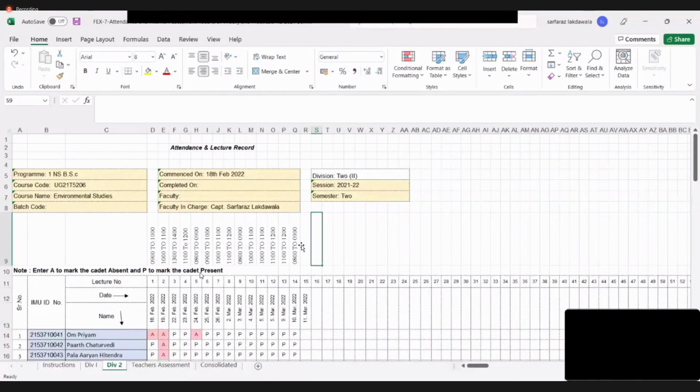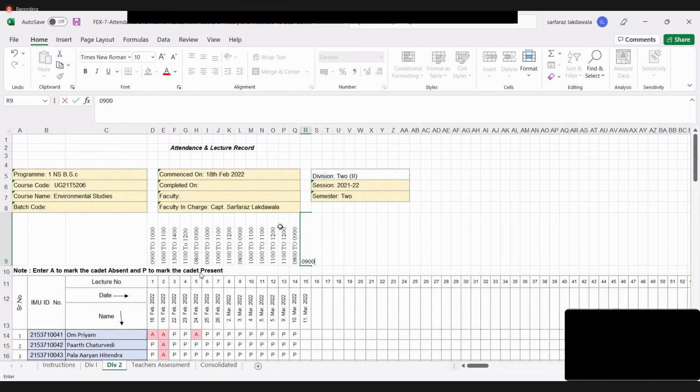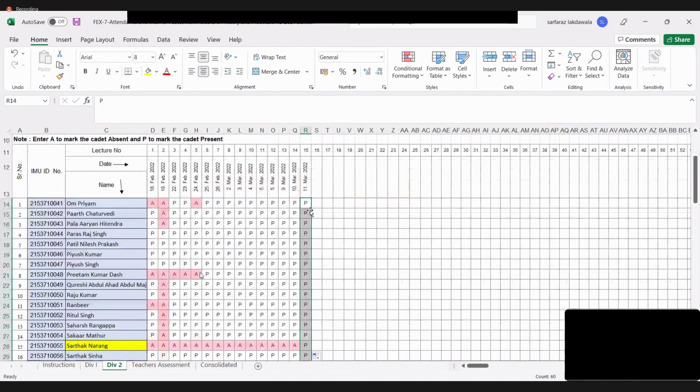Time is 09:02. Om Priyam. Present, sir. Raj Chaturvedi. Present, sir. Ajay Nitendra. 043 Aryan Hitendra.